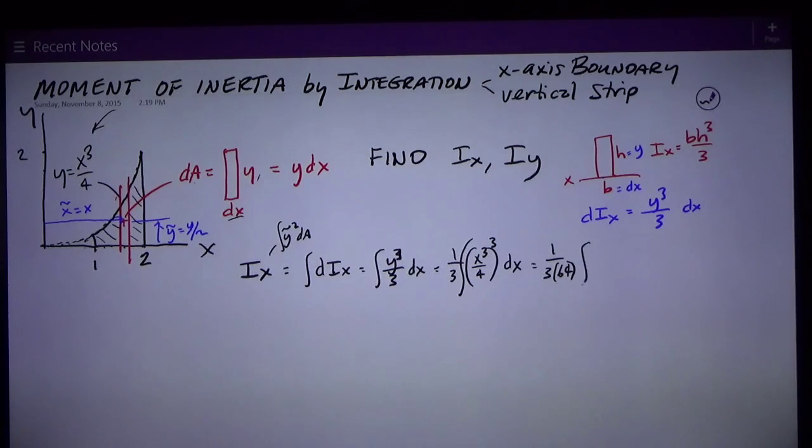And x cubed cubed is x to the 9th dx, which is equal to 1 over 192.